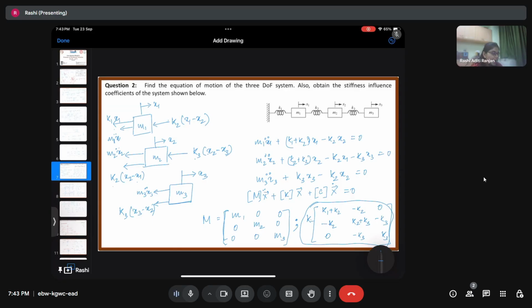Why are we concerned about it? Because if my system is vibrating at those modal frequencies, all three masses are oscillating at a single frequency. None of them has a component of the other frequencies. For example, for a 3 degree of freedom system, we have three masses, so it should have three frequencies. But when it is oscillating at one of the modal frequencies, only that one frequency has a contribution.